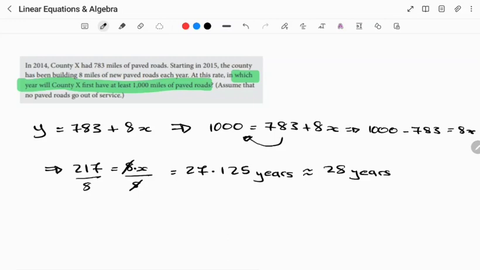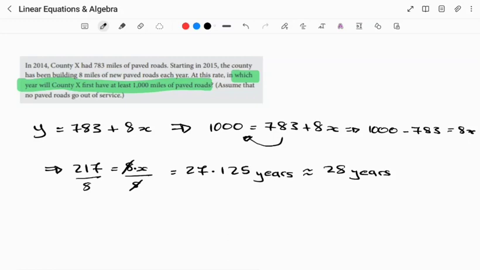This is just rounding. We are not rounding down because we're not moving backwards in time. We're going up. So it cannot take less than 27.125 years to build this. So we can't say it will take 27 years, but we can say it will take 28 years.